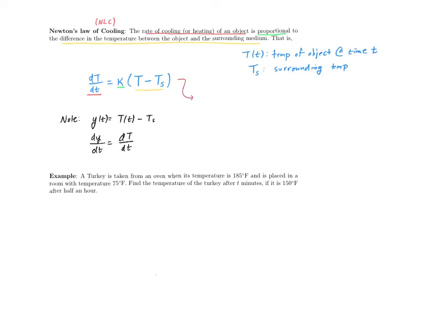So if we combine this together, the dT/dt on the left can be written as dy/dt. And on the right, we have k times (T minus T sub s). T minus T sub s is simply y of t. So by using this, what I will call a substitution, we've rewritten this differential equation in a more familiar form.